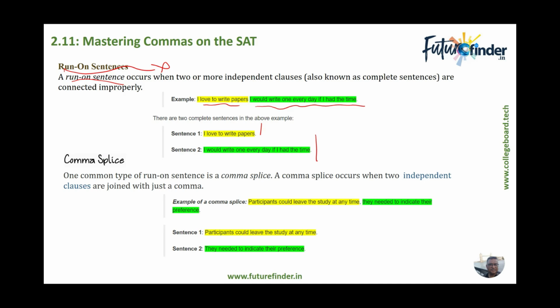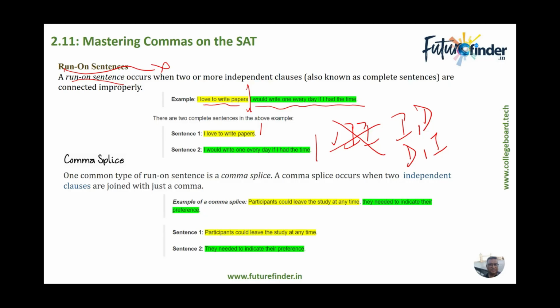You cannot punctuate between these two using a comma, simply because these are two independent clauses, and by rule, a comma cannot demarcate two independent clauses. The comma has to demarcate either an independent and a dependent clause or a dependent and an independent clause.